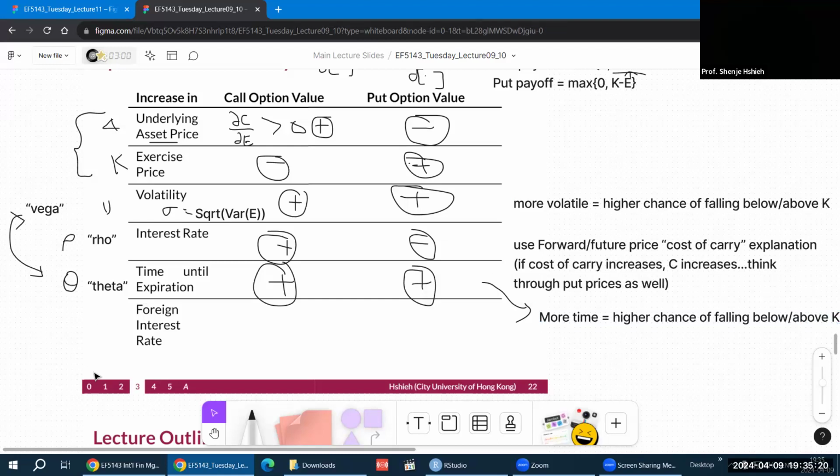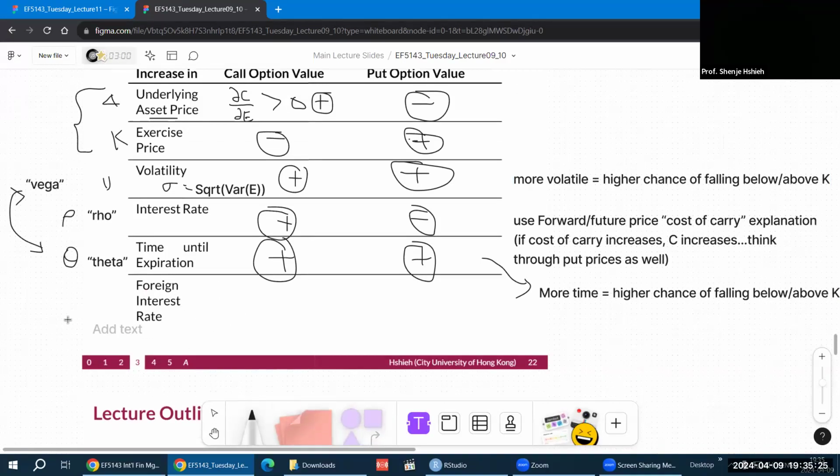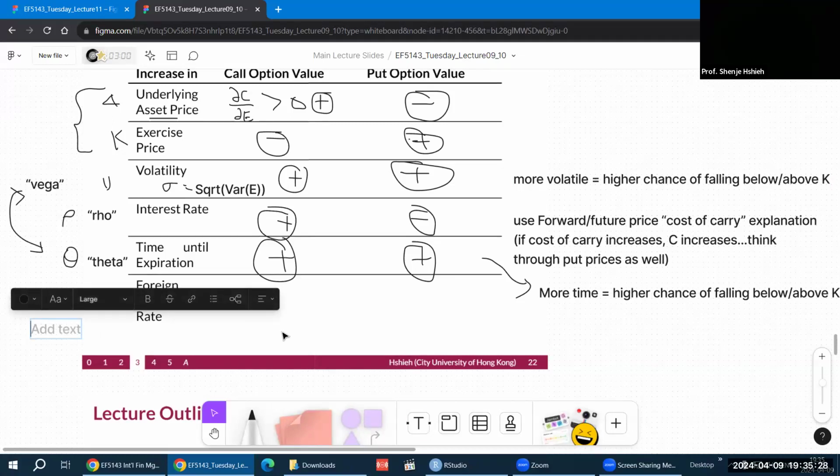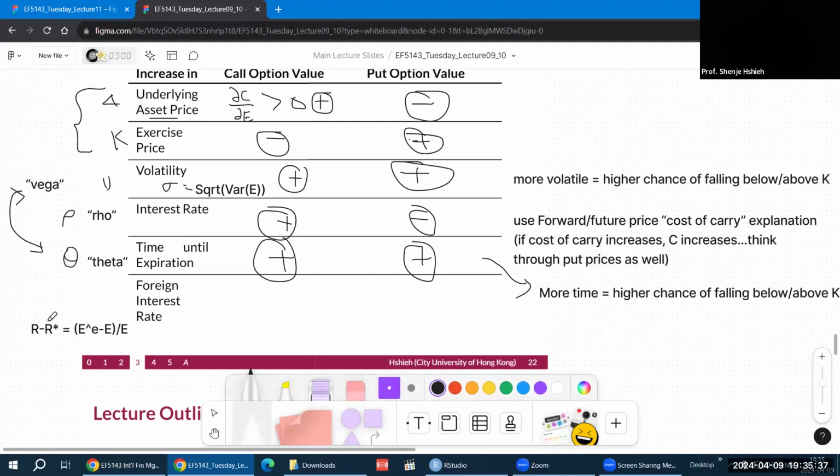And finally, we have foreign interest rates. So I think the best way to see this is to think about the UIP relationship here. So if foreign interest rates rise, all else equal, if everything else stays constant, we should expect our underlying asset to move in such a way that R and R star gap closes, right?